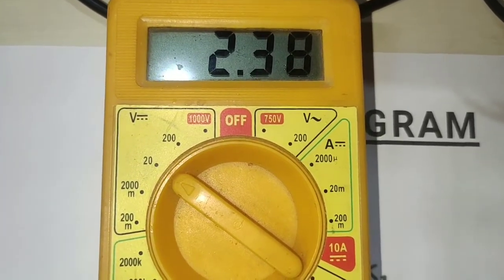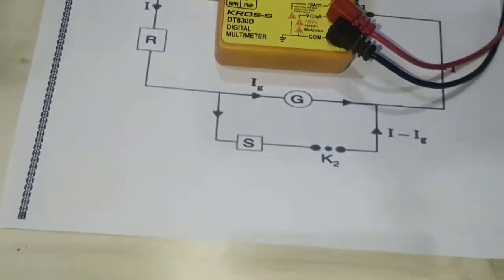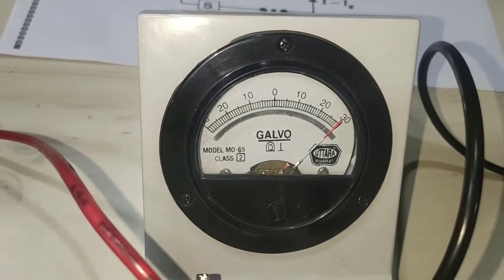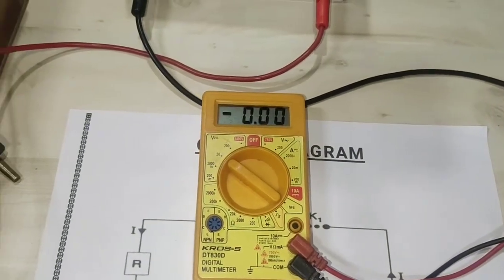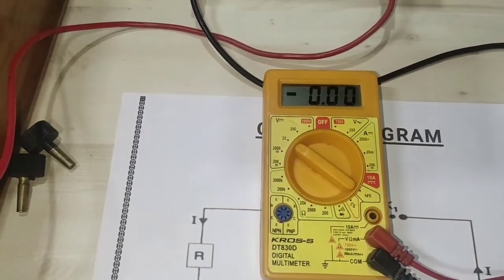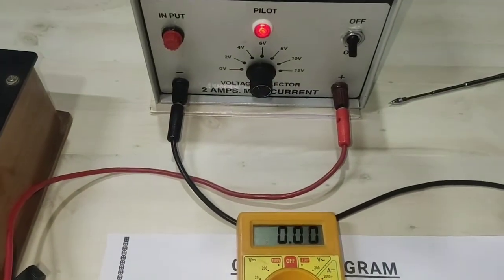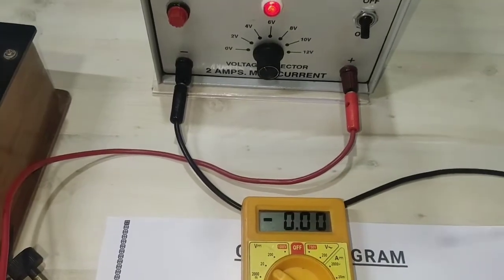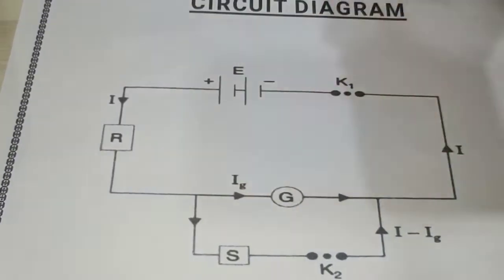We'll round the figure and take it as 2.4 volts. In your observation tabular column, the first sentence reads EMF of the battery eliminator E. So there you have to fill it up as 2.4 volts. Actually the battery eliminator here is giving you 4 volts, but the true output is 2.4 volts. So E is equal to 2.4 volts.